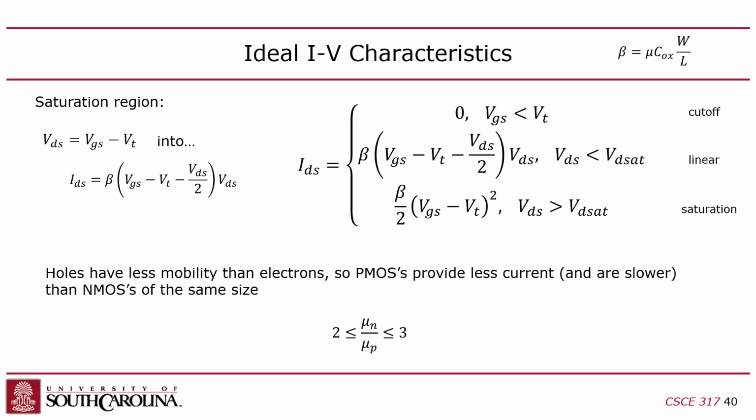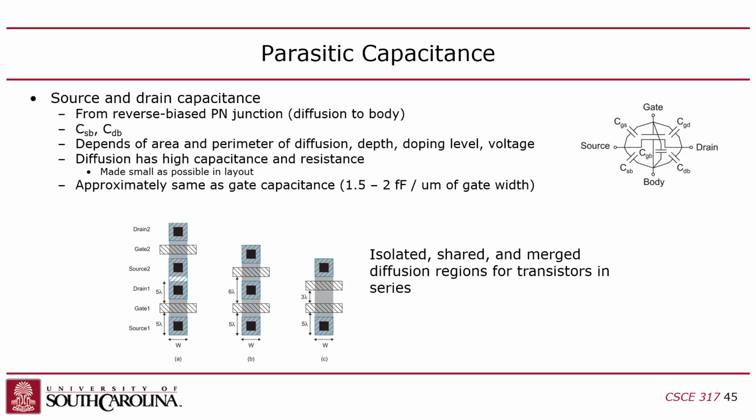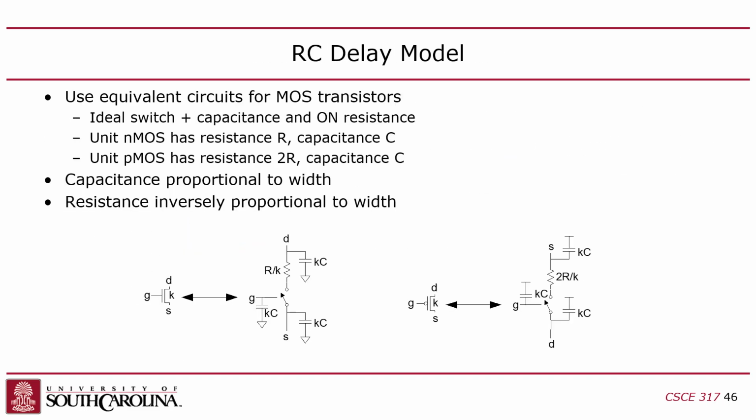A simplified way to do it is to use an RC delay model. If you consider a transistor, you have a gate, drain, and source terminal. And if you consider the width of the transistor as K, K is basically the number of minimal widths.